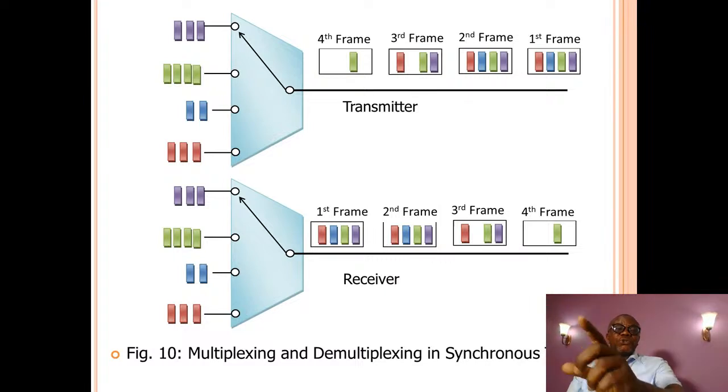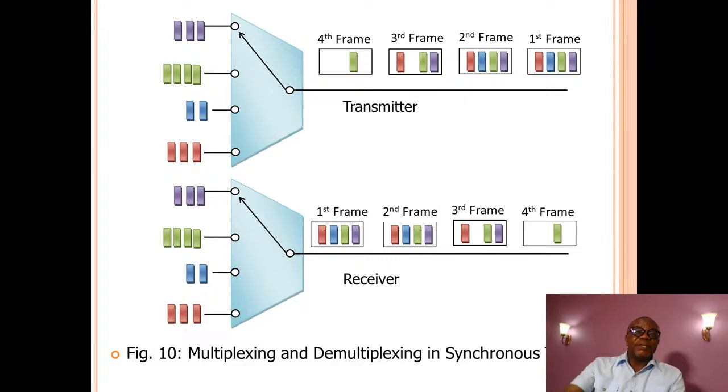So when it goes through them, it picks one purple, one green, one blue, one brown. It puts them in frame 1 and sends. It goes back, it samples again, it sees another purple, another green, another blue, another brown. It puts them in frame 2 and sends.